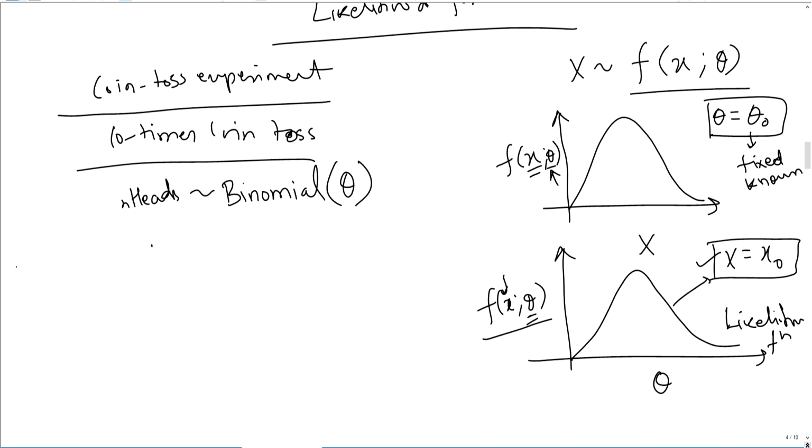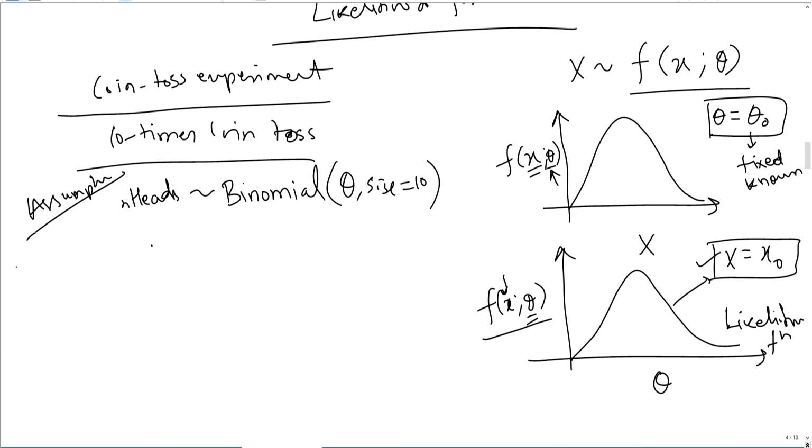This is your assumption, that the number of heads observed in a 10 times coin toss experiment would come from a binomial distribution with underlying probability of heads being theta. You can also write the sample size being 10 here, because there are 10 coin tosses. This will determine how many heads you will get. So this is your assumption.